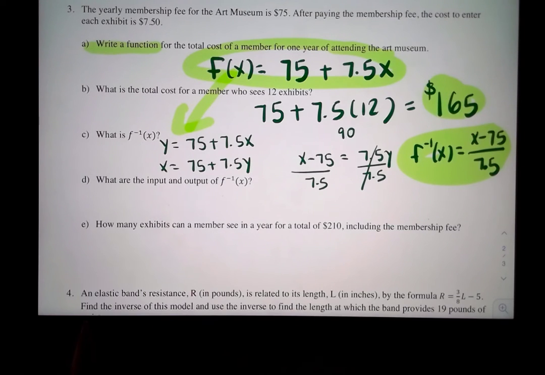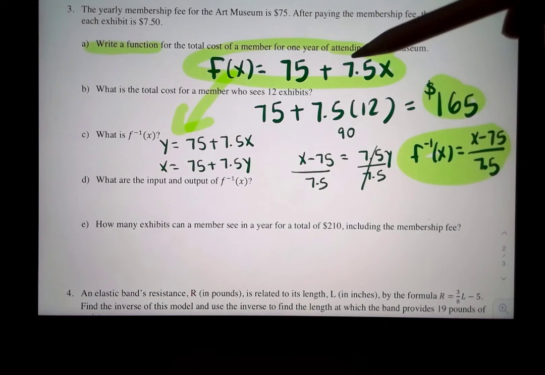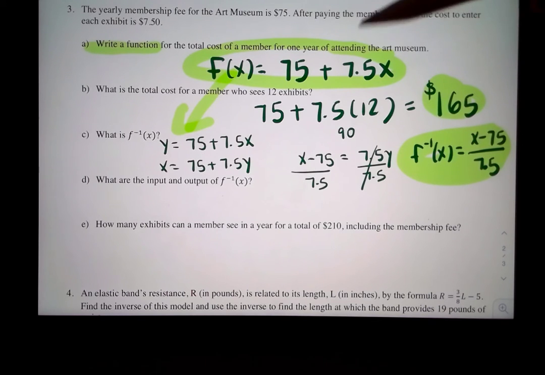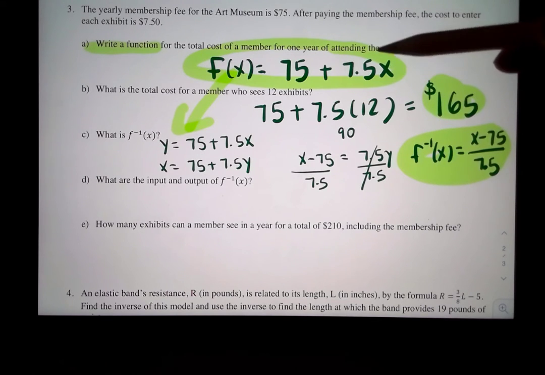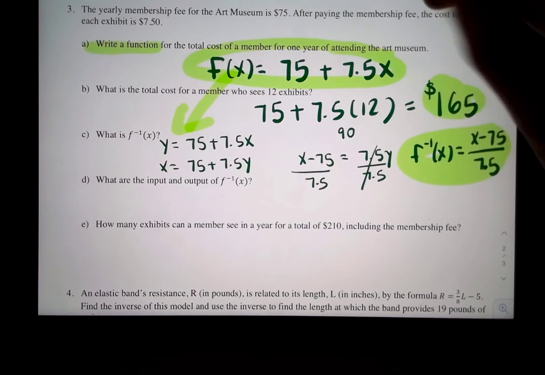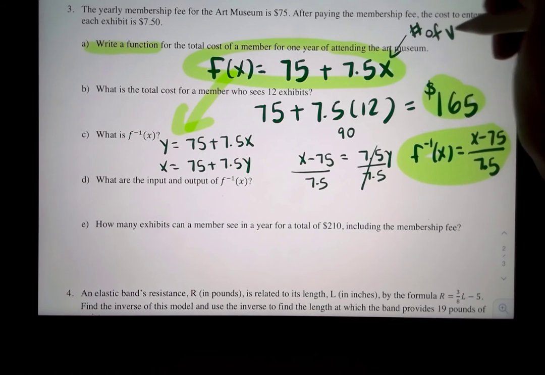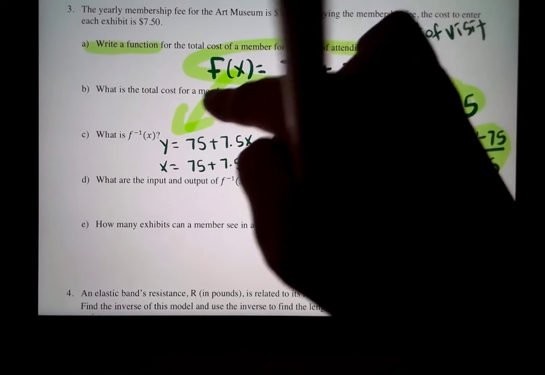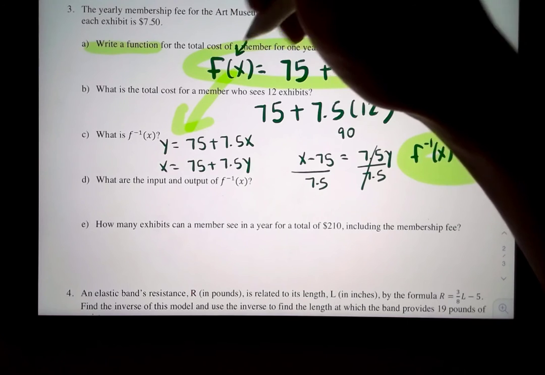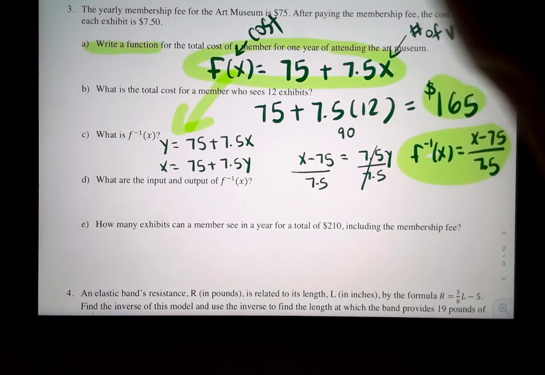$165 for B, right? This is for A, B, C. And for the input and output of the inverse function, think about it, guys. For the original function, x was the number of visits, and that was f of x, my total cost, right?